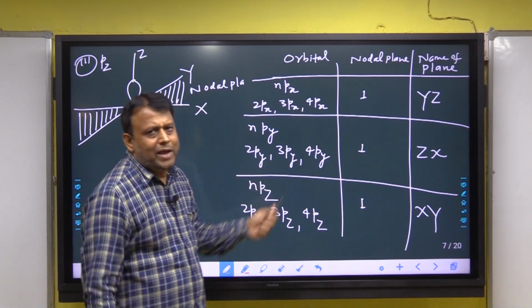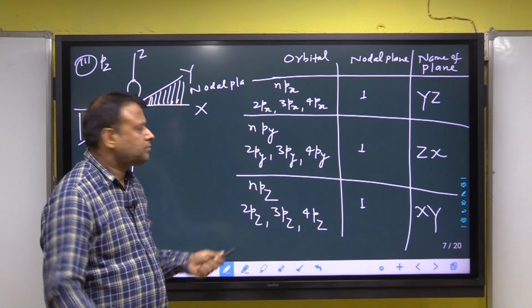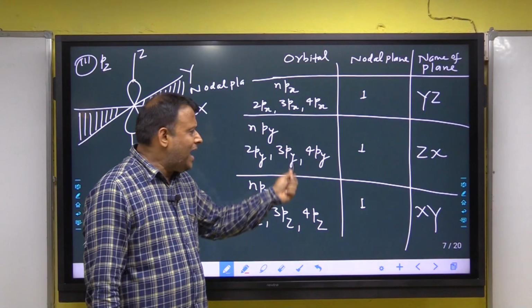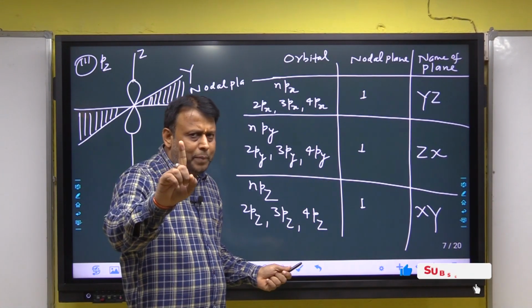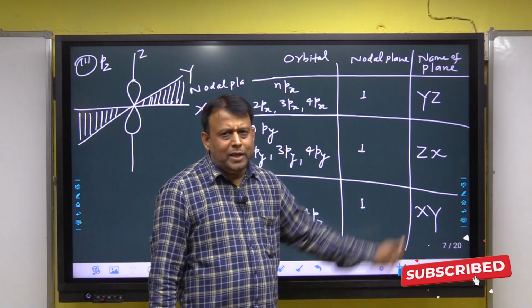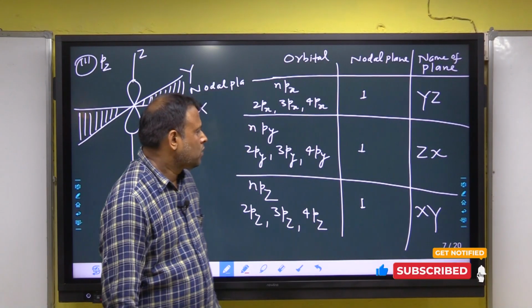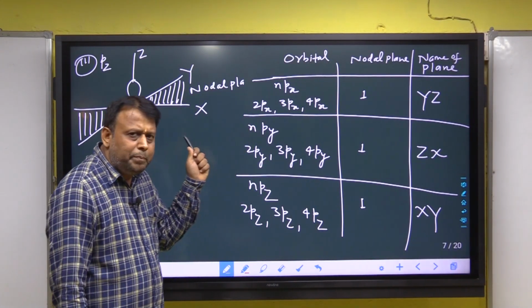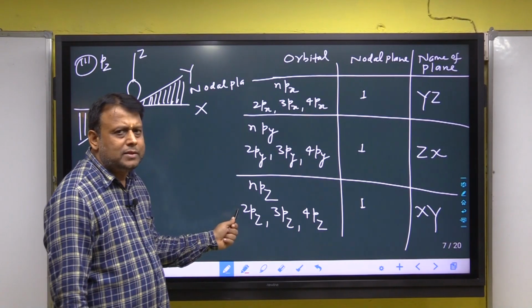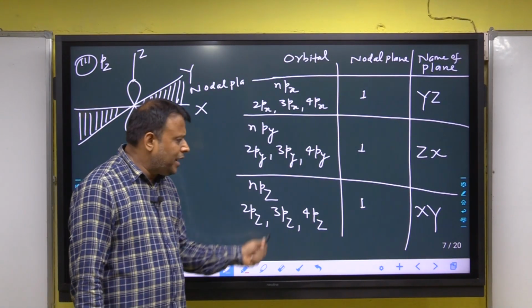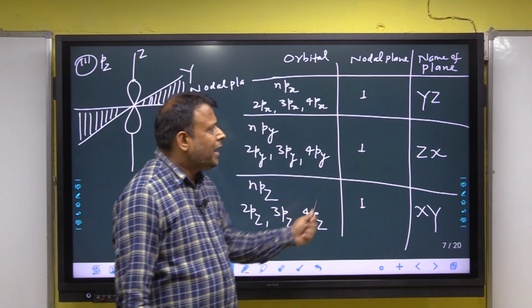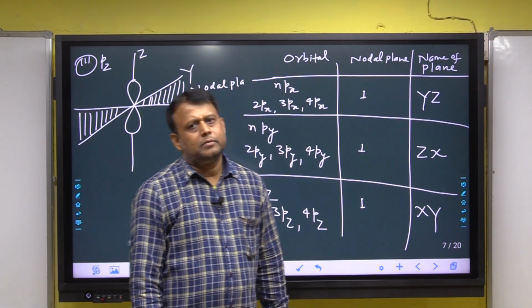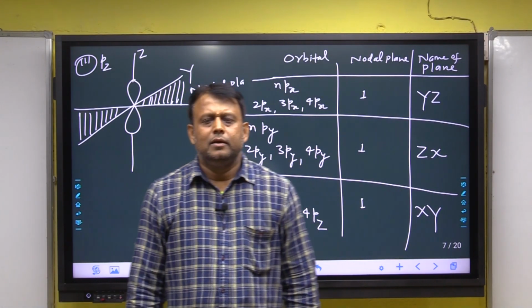For any py, means 2py, 3py, 4py, 5py, 6py, number of nodal plane is 1 and name of plane is zx. And for any pz, means 2pz, 3pz, 4pz, number of nodal plane is 1 and name of plane is xy. Clear?